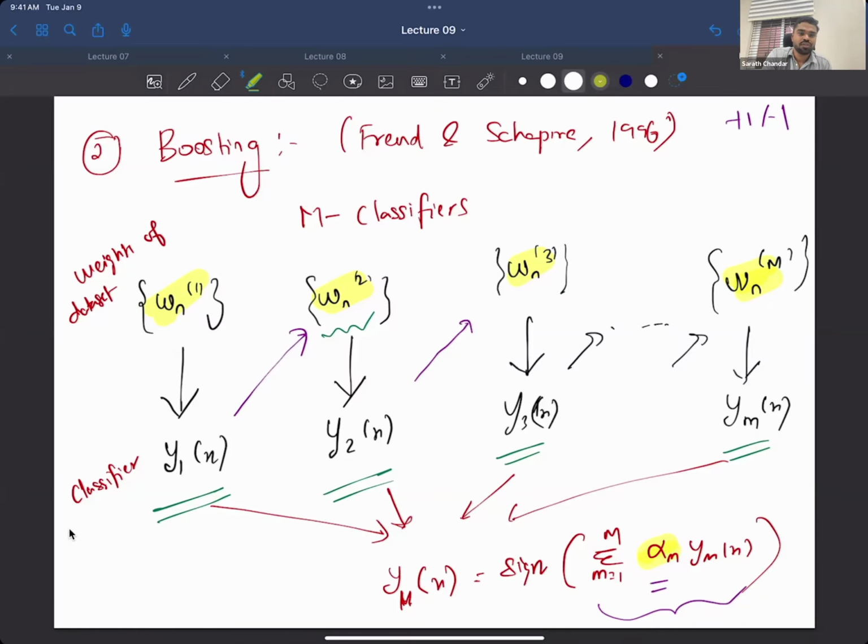If you have a very powerful classifier and it is just learning from the mistakes of the previous classifier, then there's a very high chance of overfitting. So you have to be careful when you're boosting. Typically, people would boost weak classifiers or classifiers which are not too powerful. If your classifier is too powerful, then it can easily overfit through this boosting process.